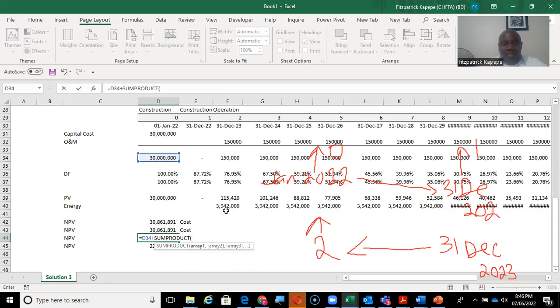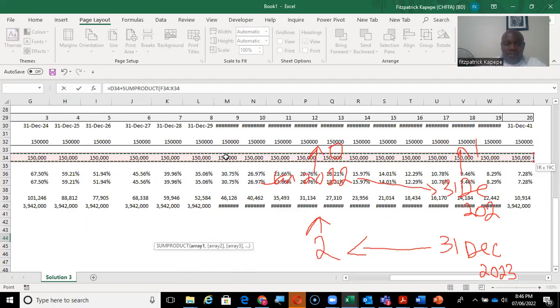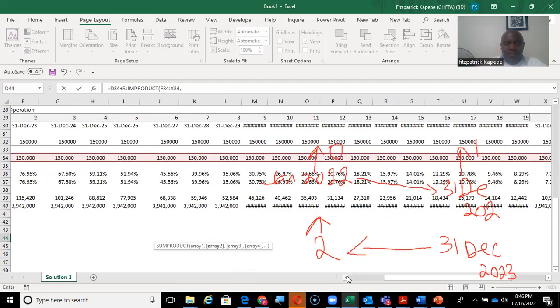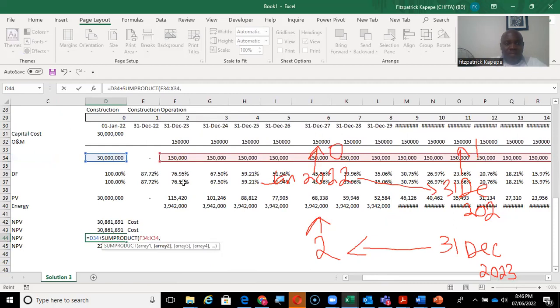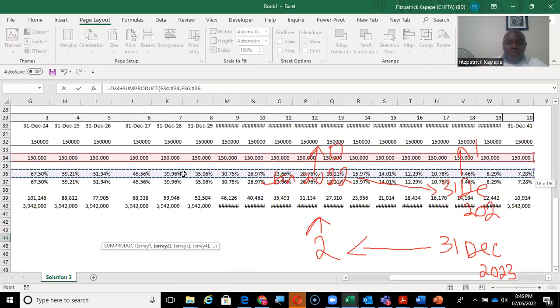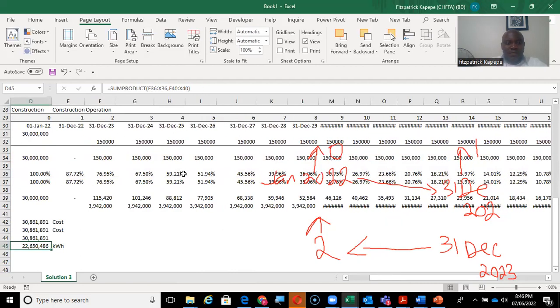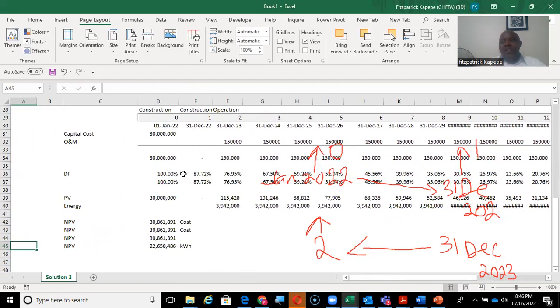Then I'll pick these numbers, comma, then I'll pick the rates. Then press enter. Okay, wow. So you have 3 methods. If you don't want to do these computations, you can just use your sum product.